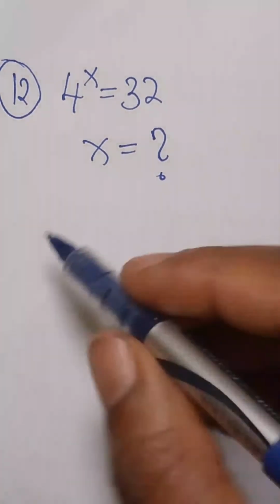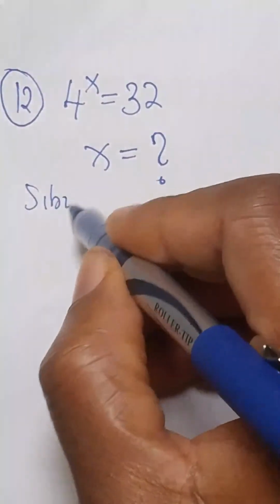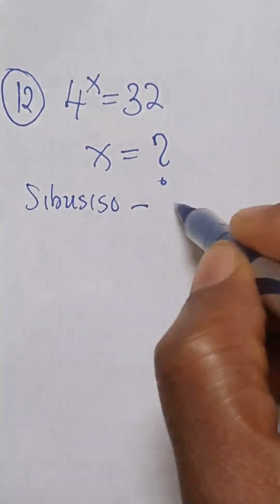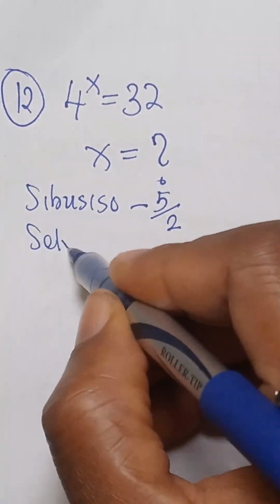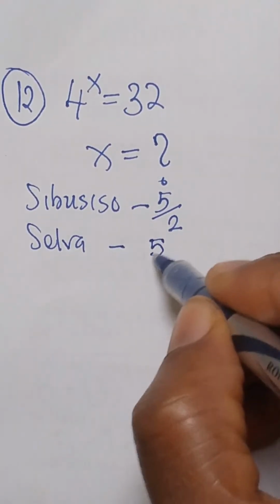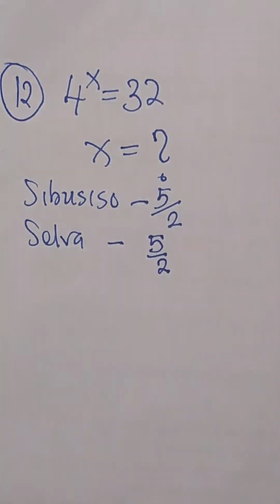Okay. So our x, Sibusiso, our x is 5/2. And Silver Chitra, 5/2. Okay, more answers.